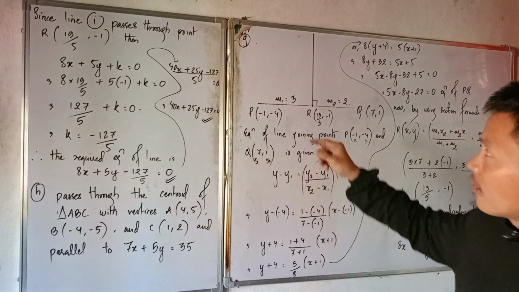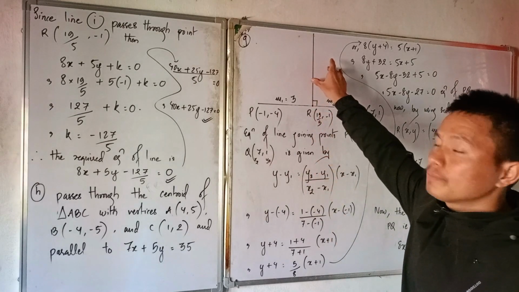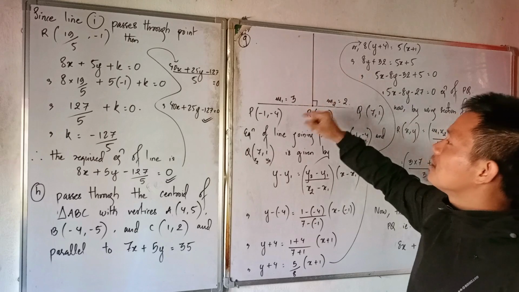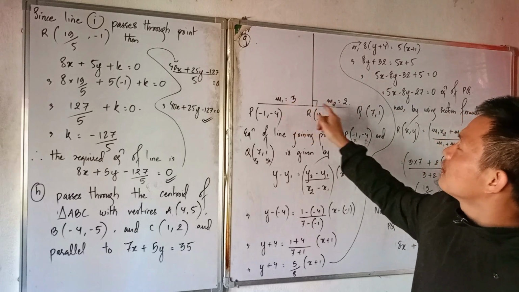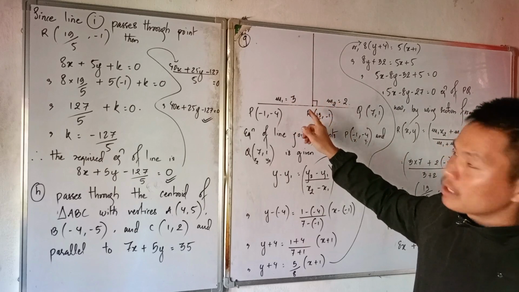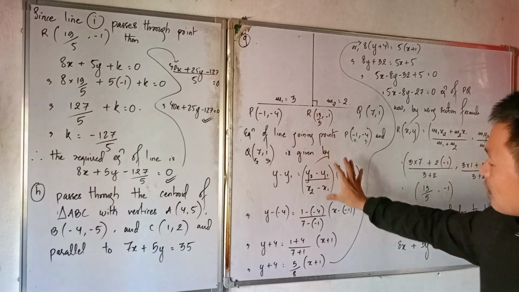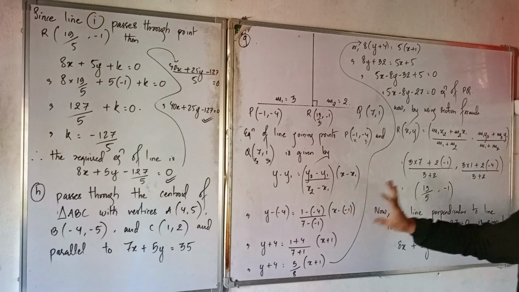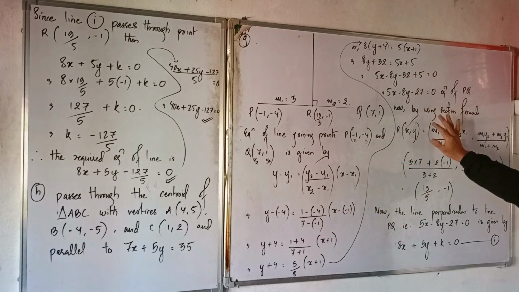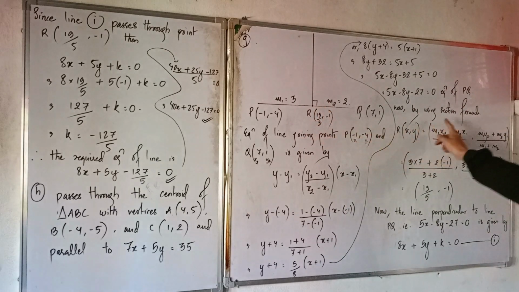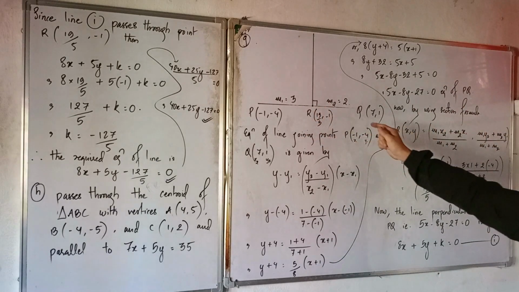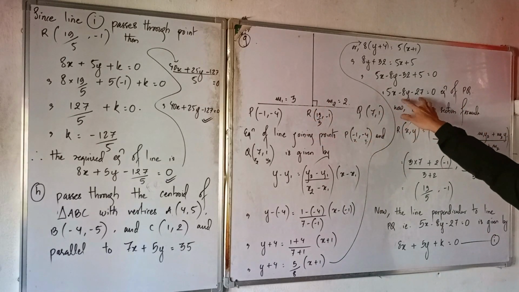From that you will get the value of m2. While considering m1 and m2, don't mix up the value with this ratio. That's why I have taken the equation of PQ first. After finding PQ, I found the point here by using the section formula. After finding the point, I supposed the line perpendicular to this line PQ.